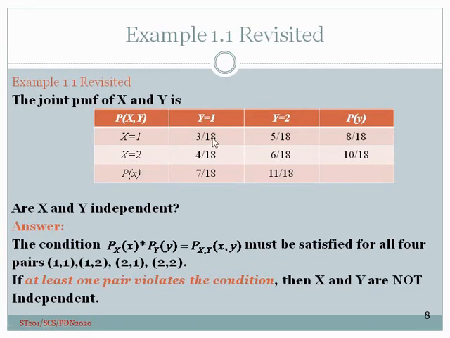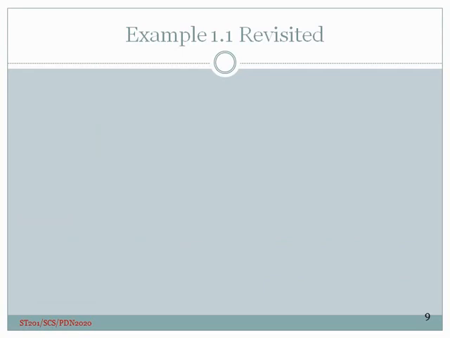The PMF when x is 1 is 8 over 18. When y is 1 it is 7 over 18. The joint PMF there is 3 over 18. But we clearly see that if you multiply px and py, you cannot get pxy. Now let's check the other pairs also.